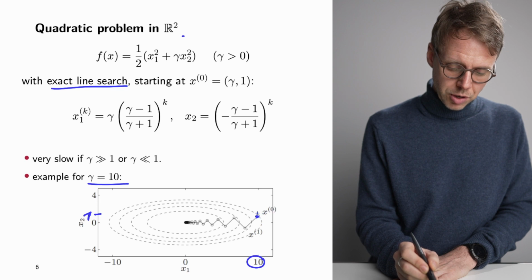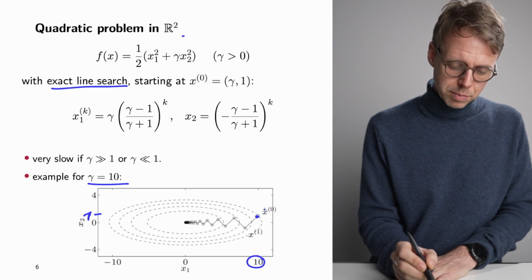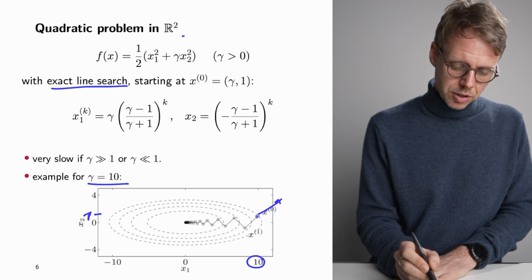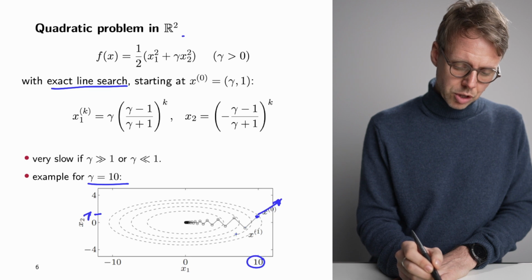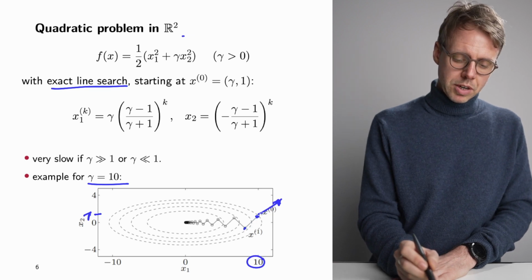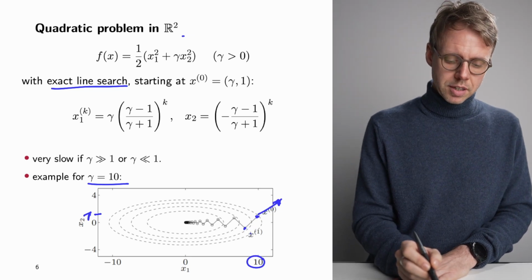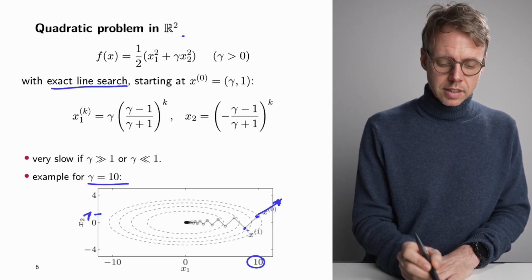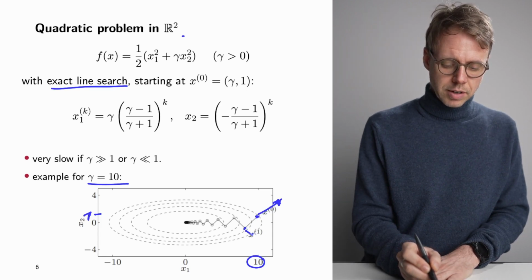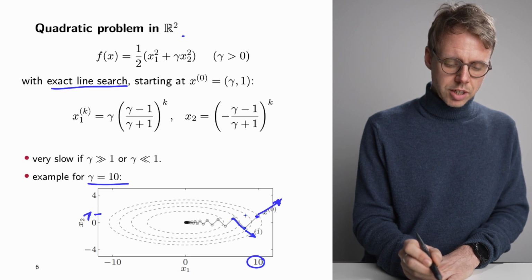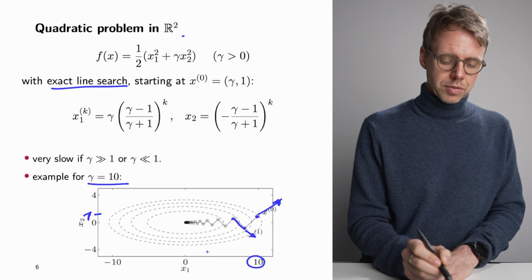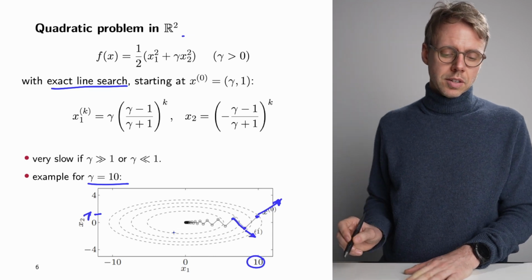If you compute the gradient, it would be orthogonal to our current level set at this point, so it would point in this direction. So our negative gradient, our step direction, goes in the opposite direction, and we perform an exact line search. This is the minimum of this one-dimensional function here, and that would be our x1, and there we would again compute our gradient, which in this case would look in this direction, and we would do an exact line search in the direction opposite of the gradient, and so on and so forth.